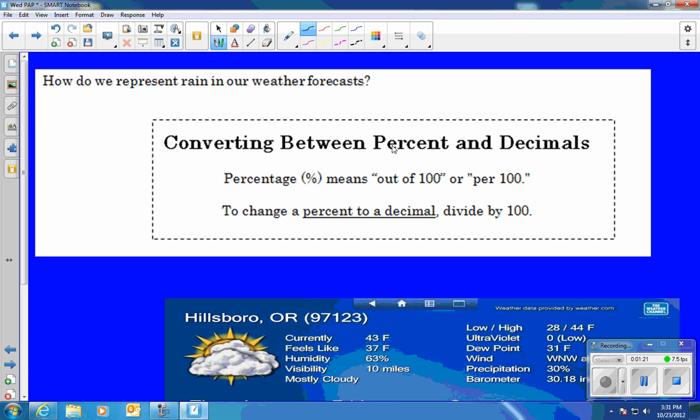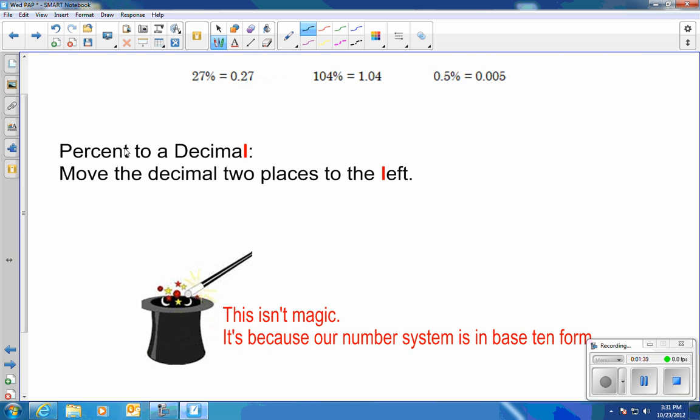Converting between percent and decimals is usually the easiest. Percentage means out of 100 or per 100. So if you're changing a percent to a decimal, since it's out of 100, you divide by 100 to get back to decimal form. One way to remember that: percent to a decimal, L, you move 2 places to the left.